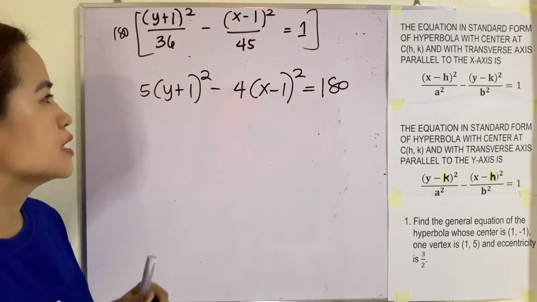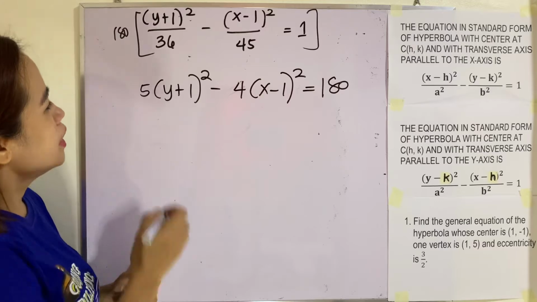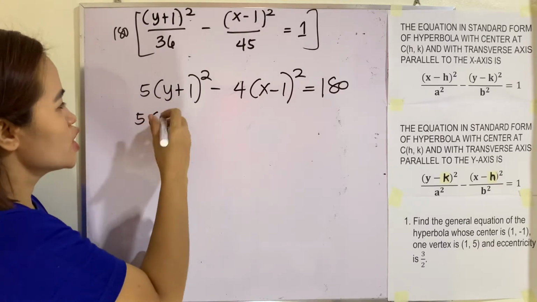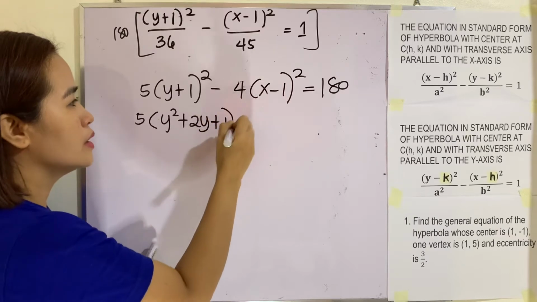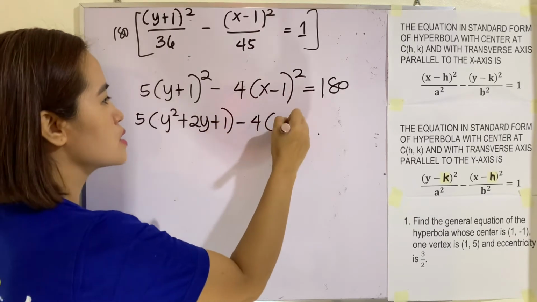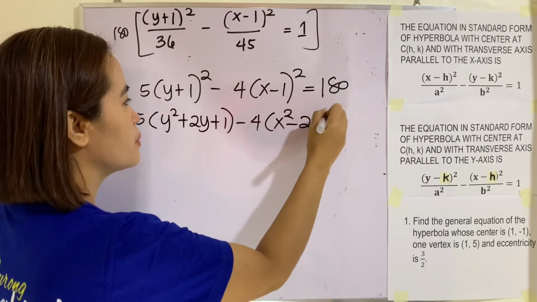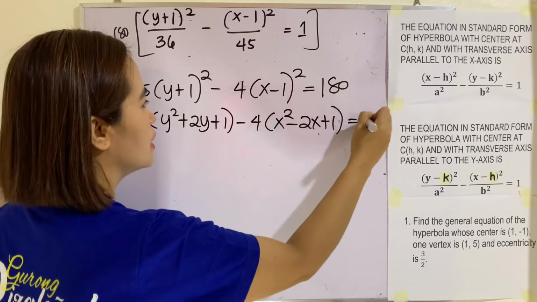That's the LCD. And then we will expand it. y squared plus 2y plus 1. Expand it. x squared minus 2x plus 1 equals 180.